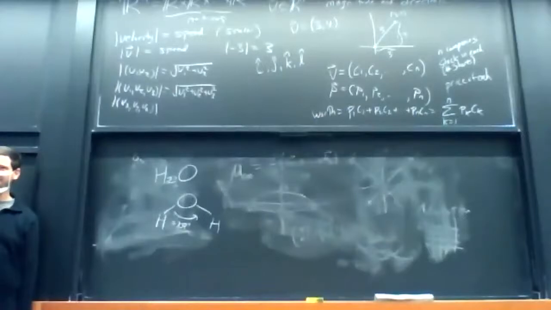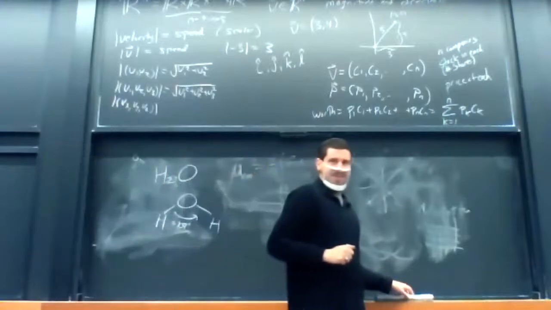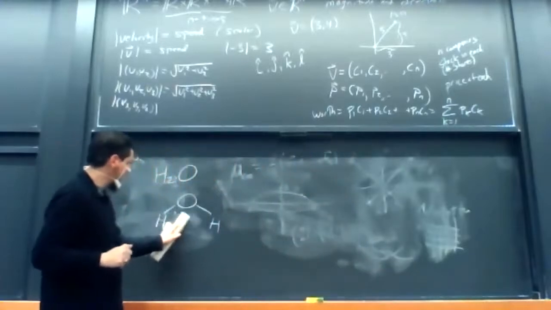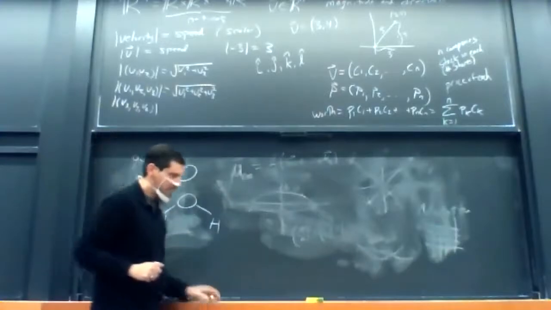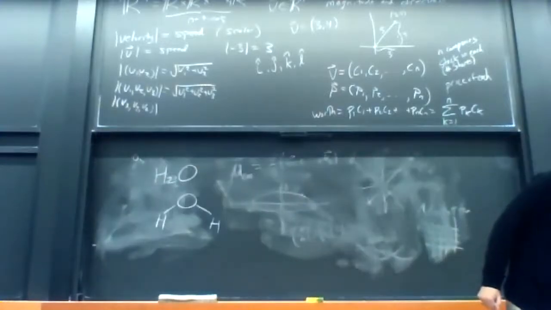Or is it more than 109? I thought it was 109, I might be wrong, but it has a bent shape like this. And the other compound that I think was given was carbon dioxide? What's the other one? I think it was carbon dioxide.